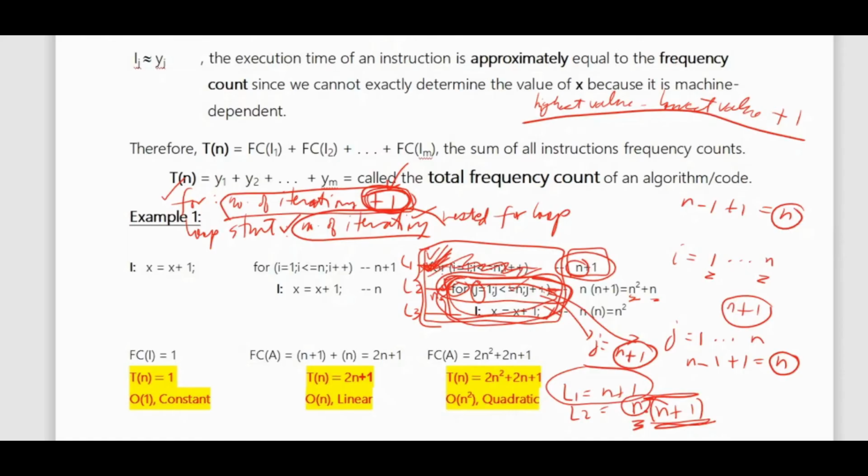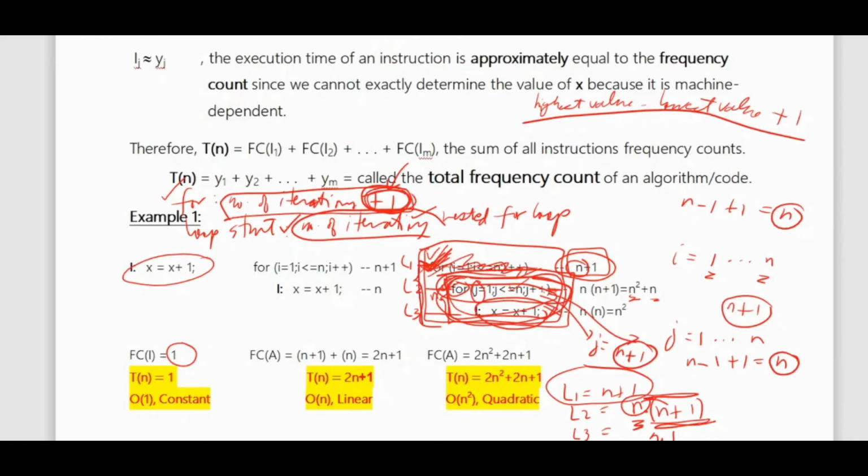And the last line, L3, by itself, just like example 1, the frequency count is 1. Okay? Since it is inside the inner for loop that iterates n times, you have here n times 1. But it is still inside the outer for loop that iterates n times.